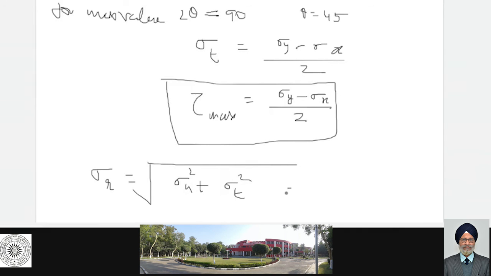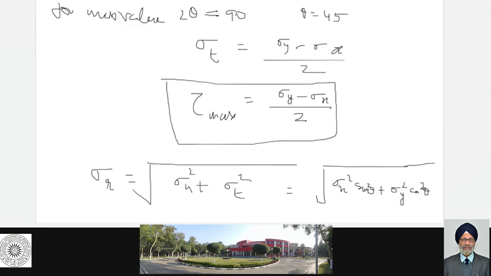So if you solve this, it will come as sigma x whole square sin square theta plus sigma y square cos square theta.